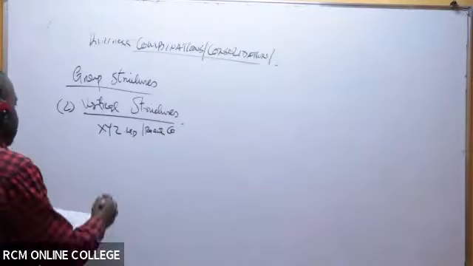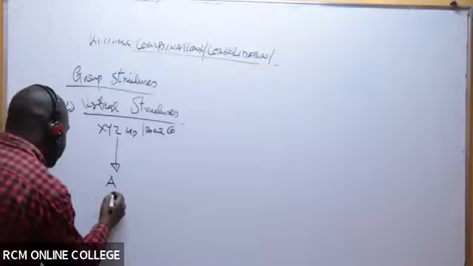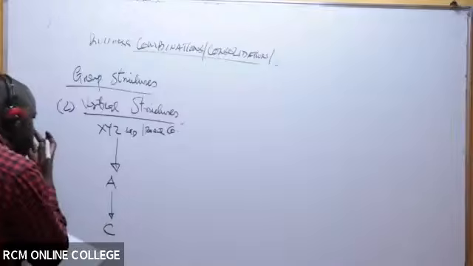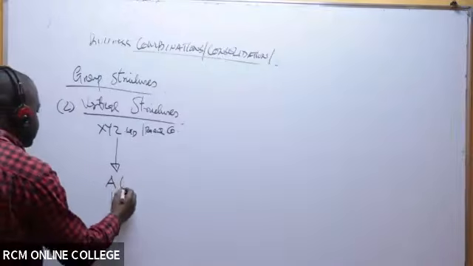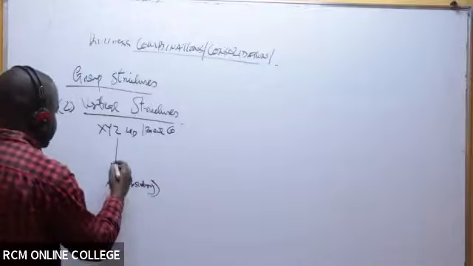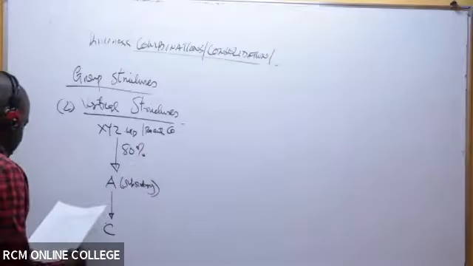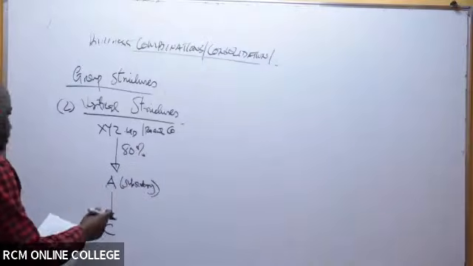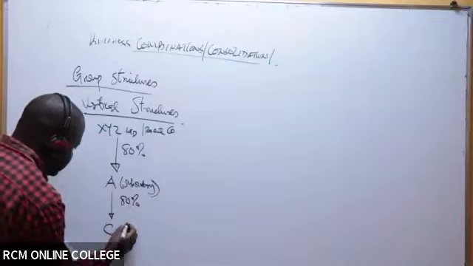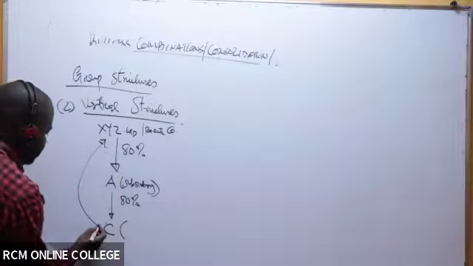Then it acquires an ownership stake in A. Then A, the subsidiary, acquires an ownership stake in C. So the ownership stake here could be maybe 80%. Then this particular subsidiary has acquired again 80%.